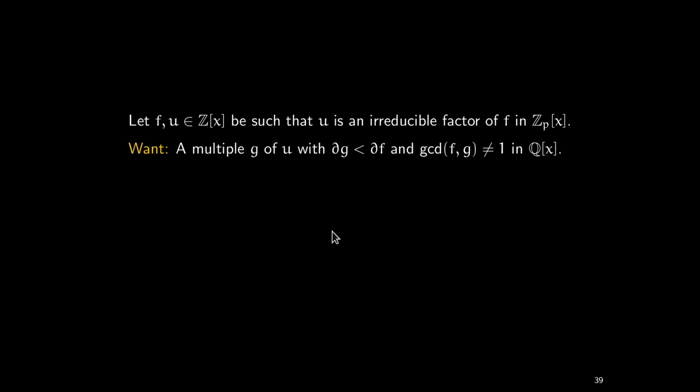And what I want now is, instead of combining this u with other irreducible factors to a candidate factor, I want to construct a multiple of u, but not too high a degree, with a degree that's less than f, like we did with the linear algebra approach in the first part of the lecture, such that the GCD of f and g is not 1 in the polynomial ring, and that would give me a factor of f.